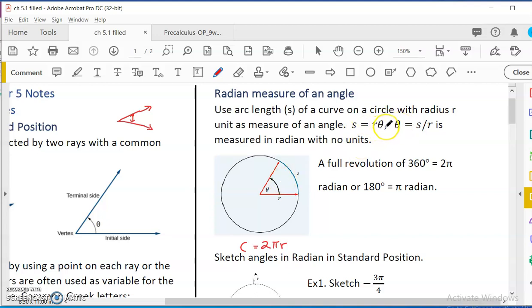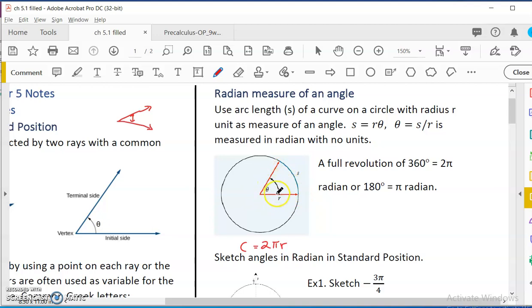But then this is of course not degrees. So we will define the angle as S over R, the size of S over the size of R. This has no unit, because if R is in inches, S will be in inches, and this is just a ratio.